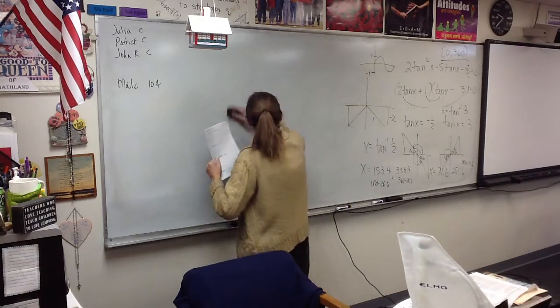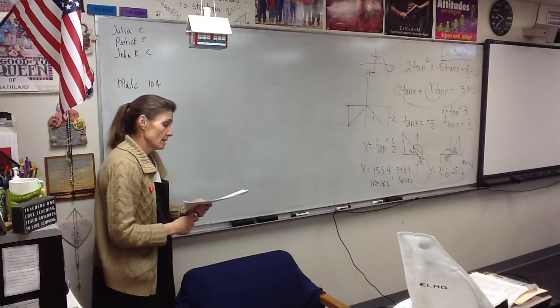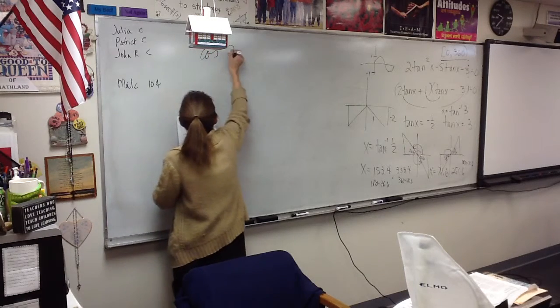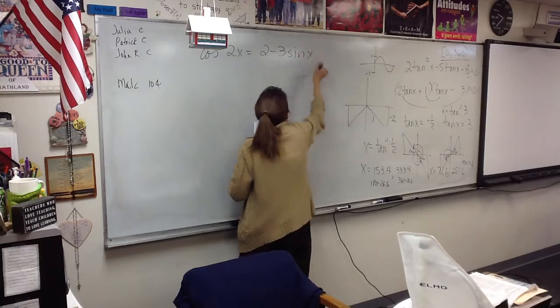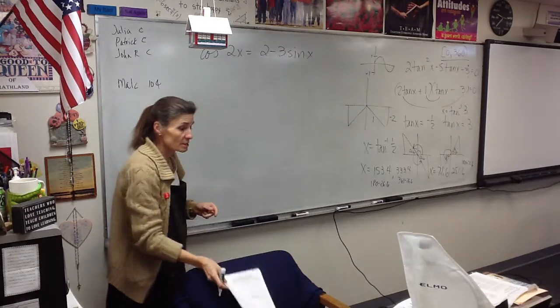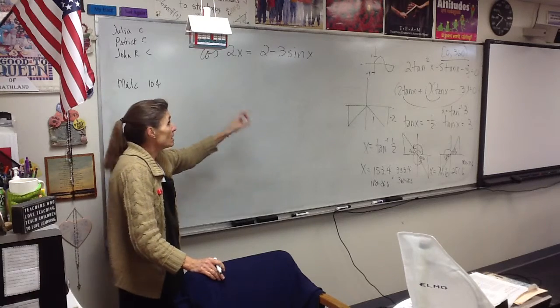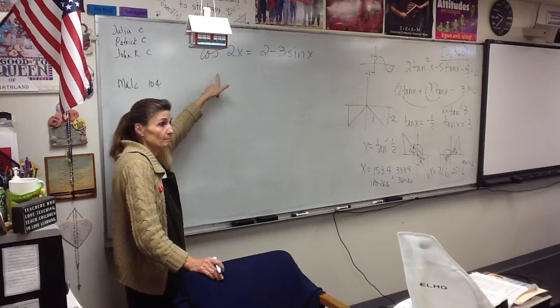But let's at least get it started so we can pick up here tomorrow. How do we begin this problem? It's an equation, just like the two we just did. But they were ready to solve. This one isn't. What's wrong with it?